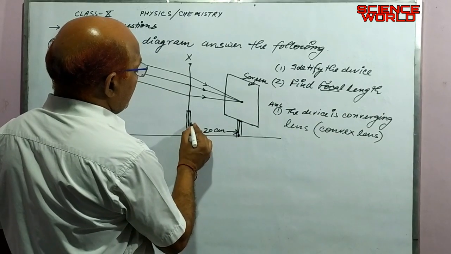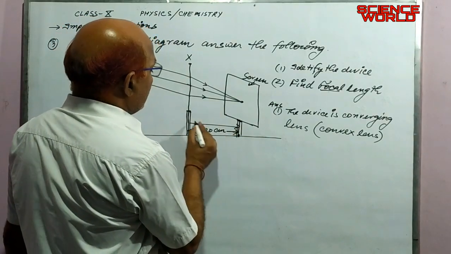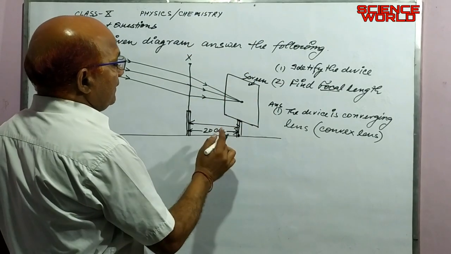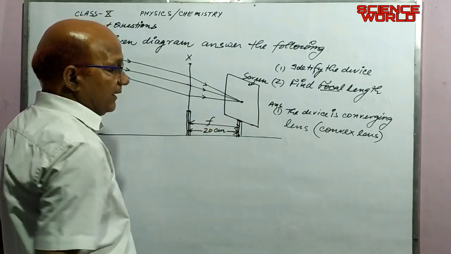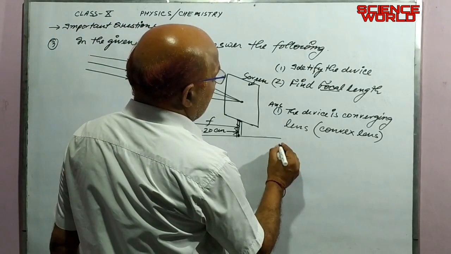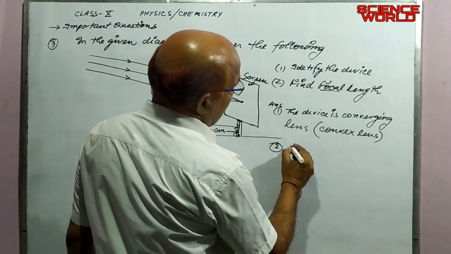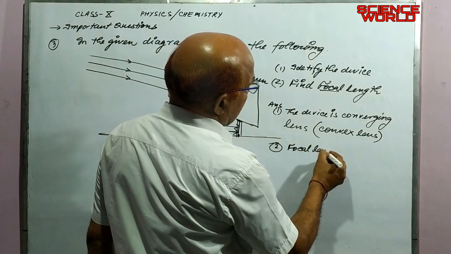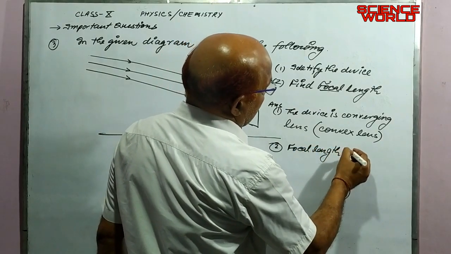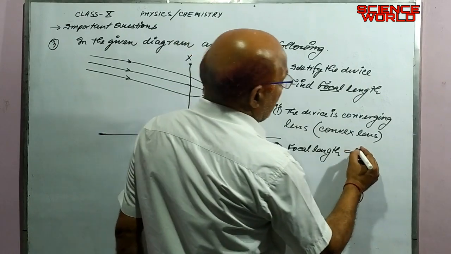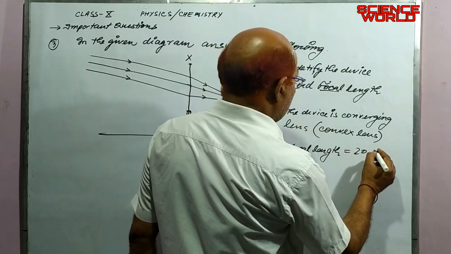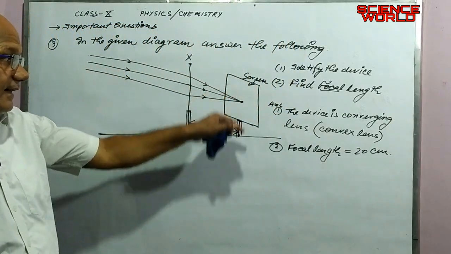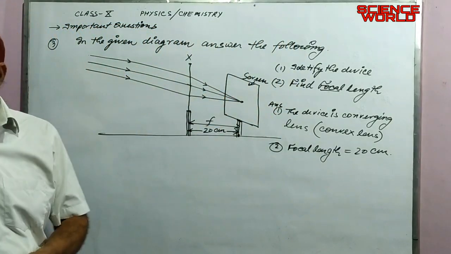So this distance between the device and screen is actually focal length. So, second part is focal length is equal to 20 centimeter.